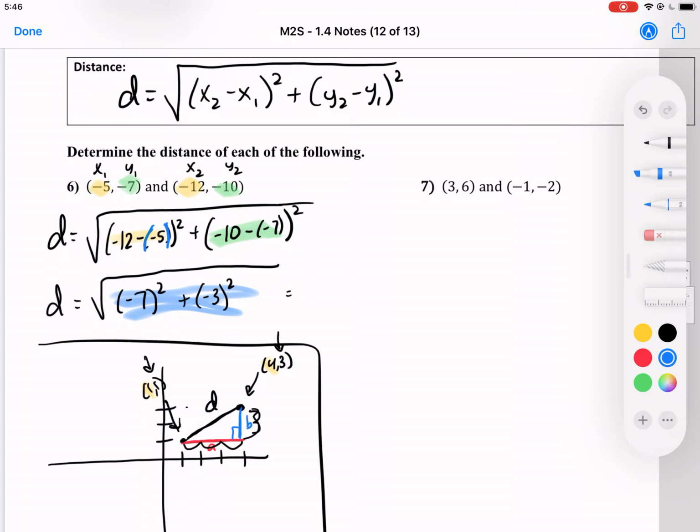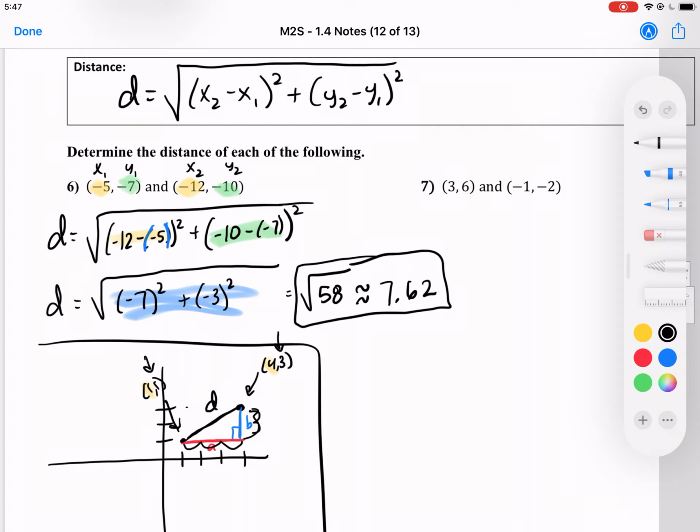So I'm not going to put the square root in my calculator. I'll do 7 squared plus 3 squared, and I would get the square root of 58. And then I can approximate that by typing it in with the square root. So I'll do square root of 58, and I get approximately 7.62. And there's your distance.